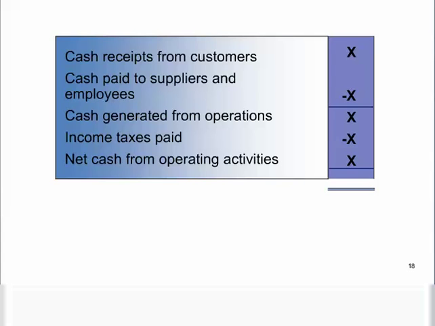This will give you net cash generated from operations. Then another example we discussed was income taxes. Income taxes paid would come as a cash outflow, a negative item, and then finally you will reach net cash generated from operating activities if it's positive, or net cash used in operating activities if it's a negative item.